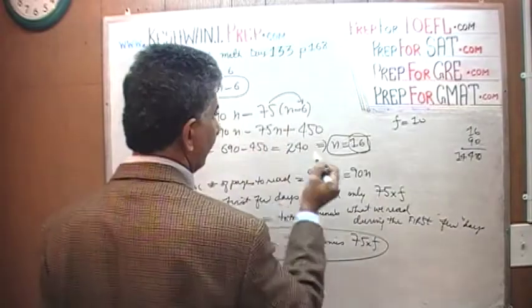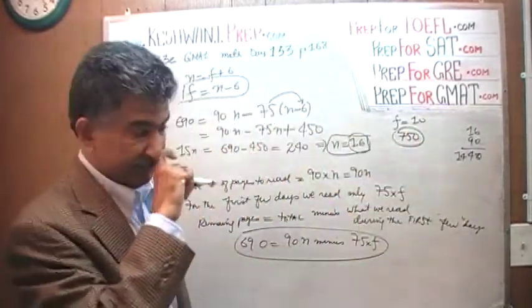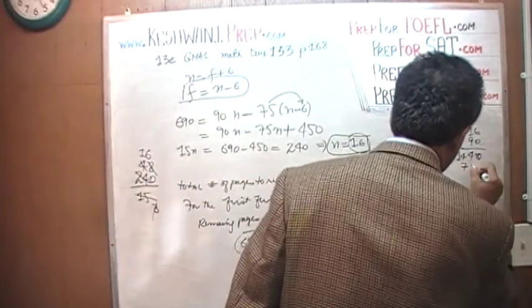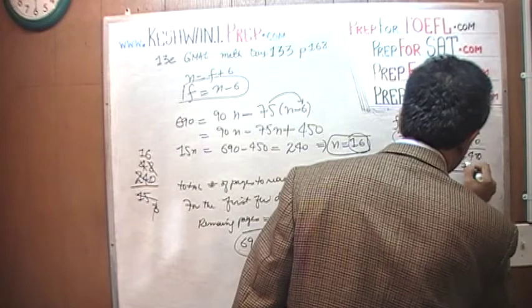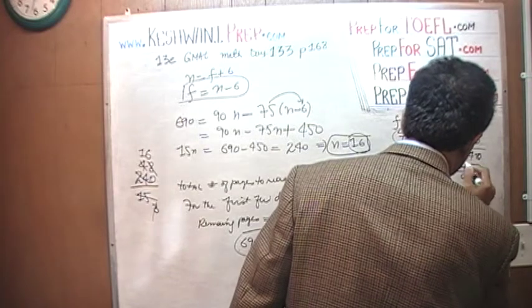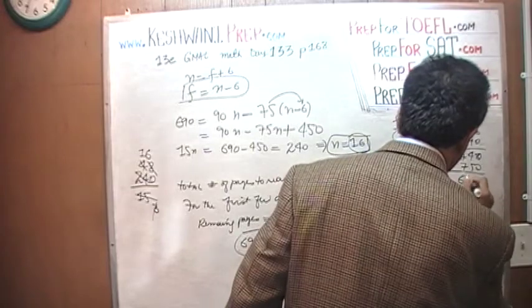We read 75 pages each of those days, so we read 750 in the first few days. If you subtract 750 from 1,440, it works.